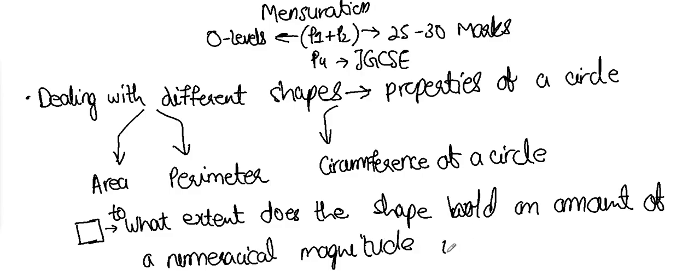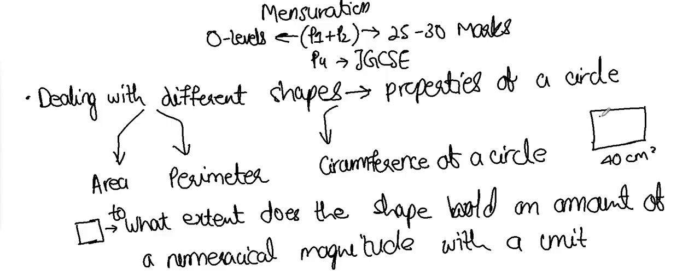What do I mean by that? For example, if the area of your house was 40 centimeters squared, impossible, but generically speaking. Your house needs furniture, decorations, drainage, many things.